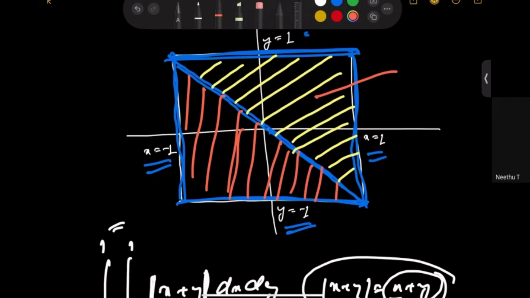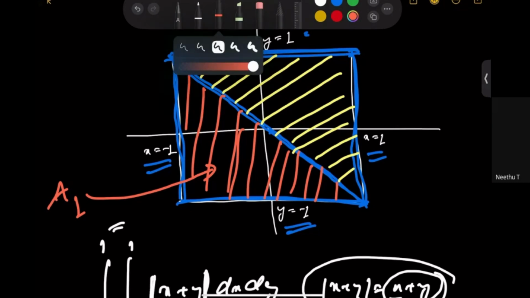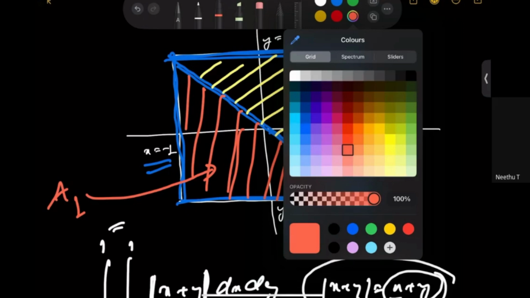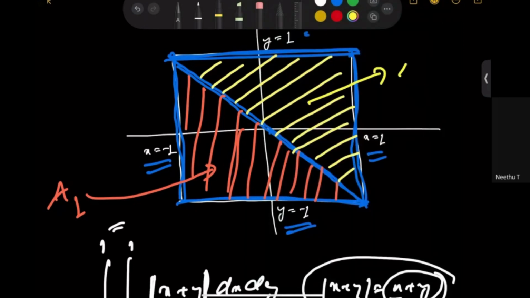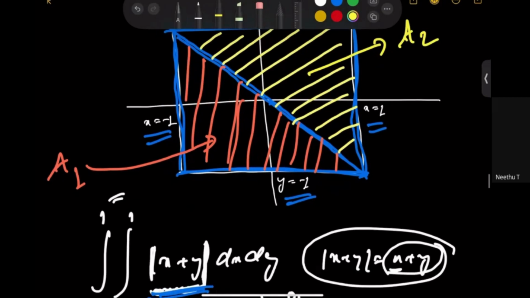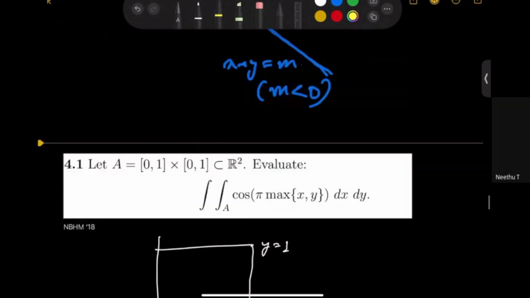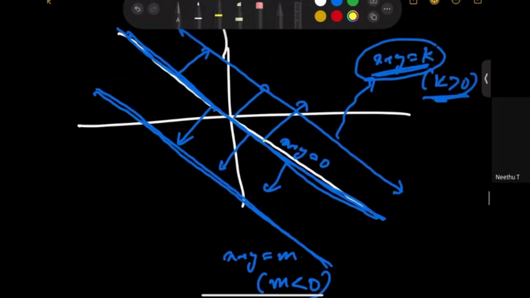I'll call this region A1, just like how she mentioned, and I'll call this A2. And just like what I've told you just now, if you move in this direction, x plus y will be positive. If you go in this direction, x plus y is negative.